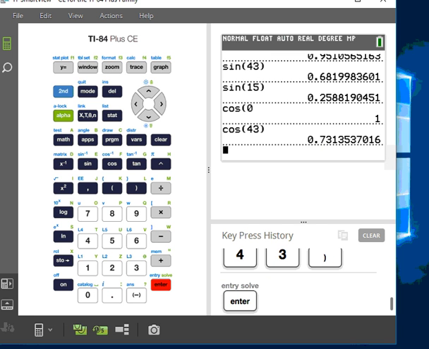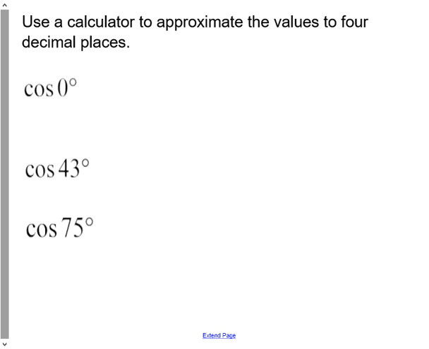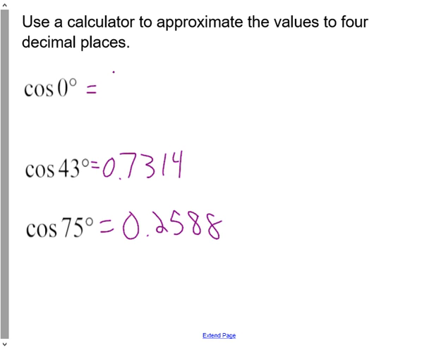Cosine of 43 is 0.73135. And this 5 will round our other 3 up to 4. And one last one, cosine of 75 is 0.2588 as well. And I usually put a 0 in front so that the decimal point doesn't get eaten up. And for the 1, we don't need 4 zeros because it wasn't rounded to that.